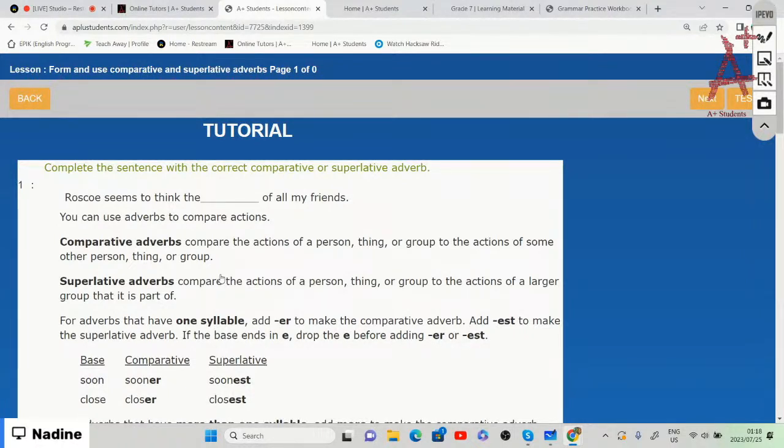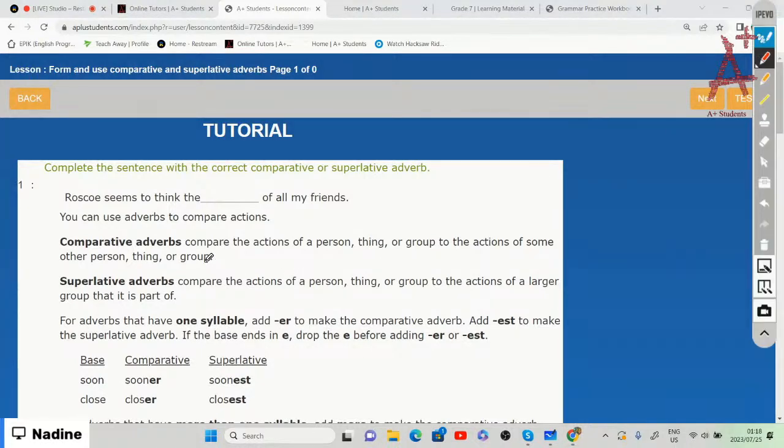So comparative adverbs, right? It compares the actions of a person, a thing, or a group to the actions of some other person, thing, or group, right? So it's like comparing it to another person, or another thing, or another group. So that is comparing.